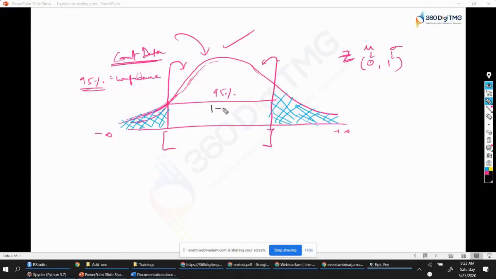We represent this as 1 minus alpha, and this is alpha. The blue shaded portion is alpha, and the bell curve is symmetric, so this becomes alpha by 2, and this becomes alpha by 2. So we are saying that the result 95% of the time would fall in the region represented as 1 minus alpha. But if the value is not falling in that, it could be lower than this value or greater than this value. Then we don't accept.